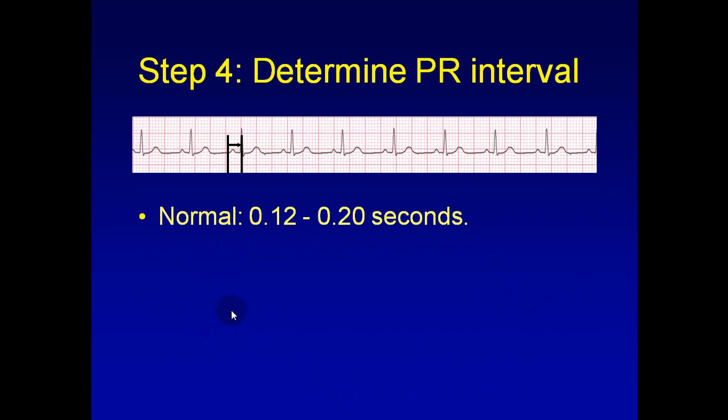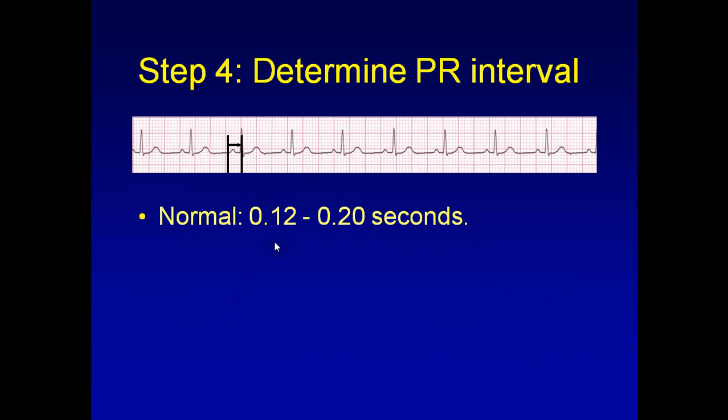Now come to the intervals. Look from the beginning of the P wave to the beginning of the QRS complex. This is called the PR interval. Normally, as we said, it is 3 small squares to 5 small squares, one big box, so it is 0.12 to 0.2 seconds.